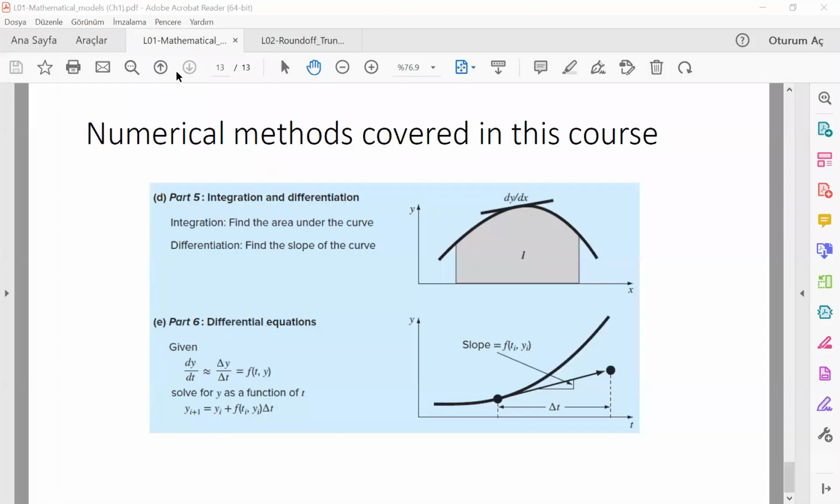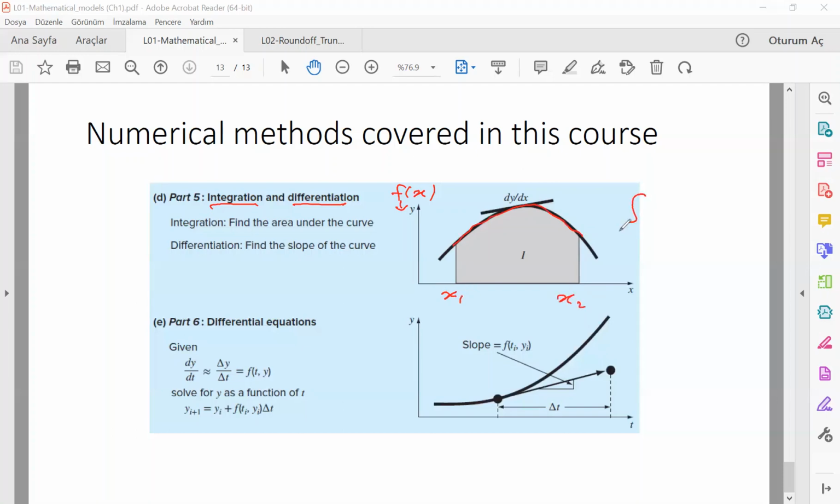And the last two will be integration, differentiation, and differential equations. Integration and differentiation are very important subjects in engineering. Basically, if we take a function, let's say f of x or y, then the integration is simply the area under the function within a range, let's say x1 to x2.